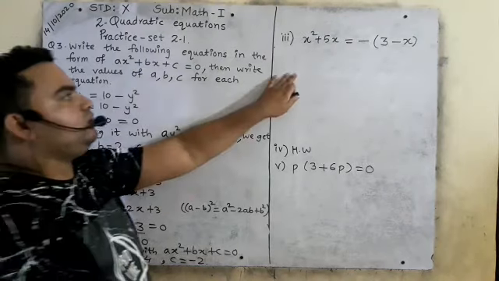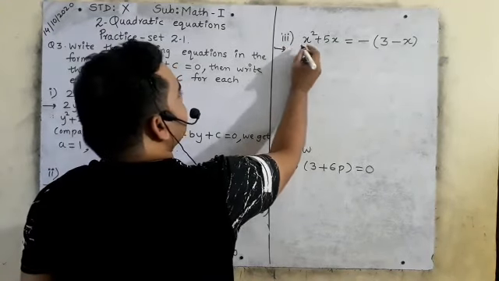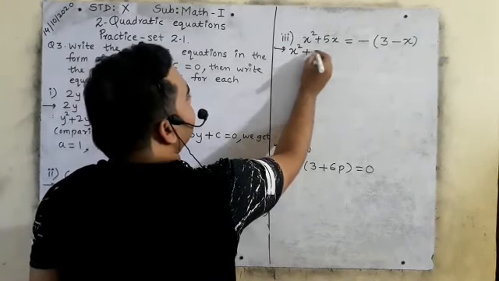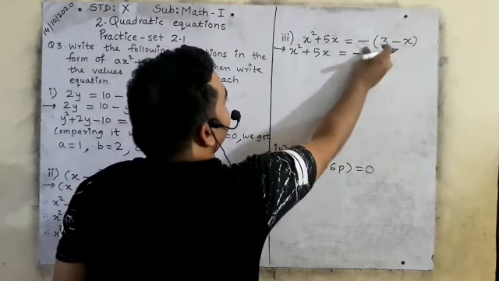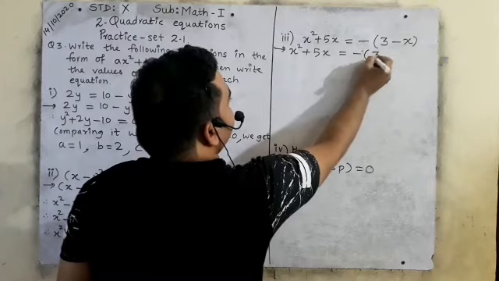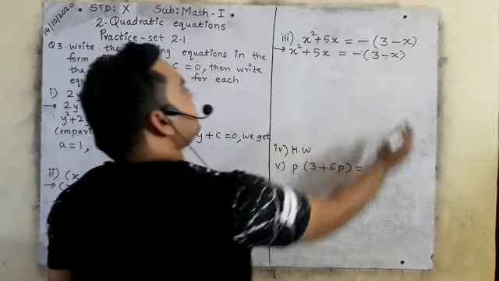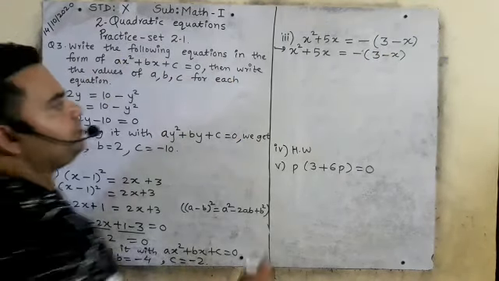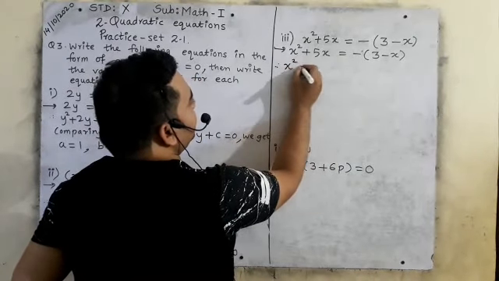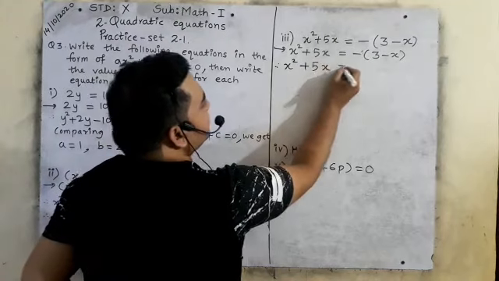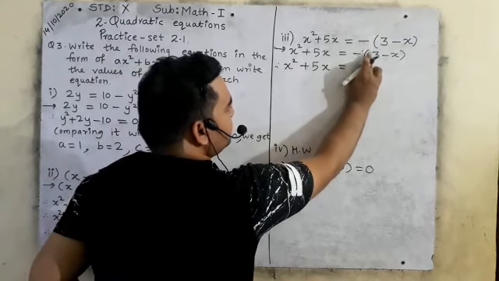Now see the third one. First you will copy the question. X square plus 5x is equals to, bracket means multiply by, minus 3 minus x, right? So we will solve this because this is already simplified. See, x square plus 5x, this minus will multiply to this plus 3.